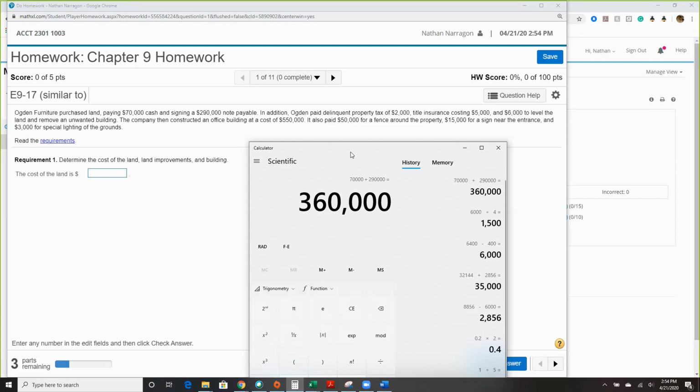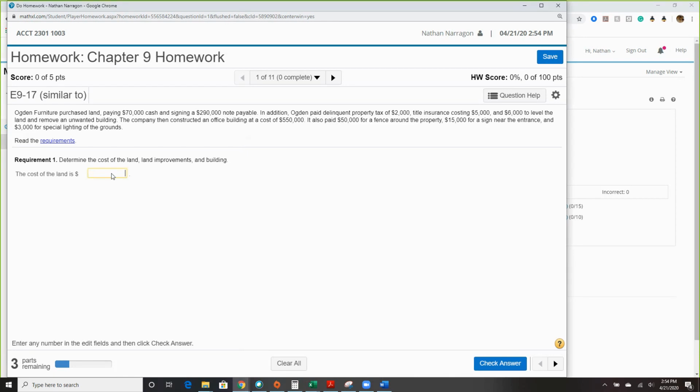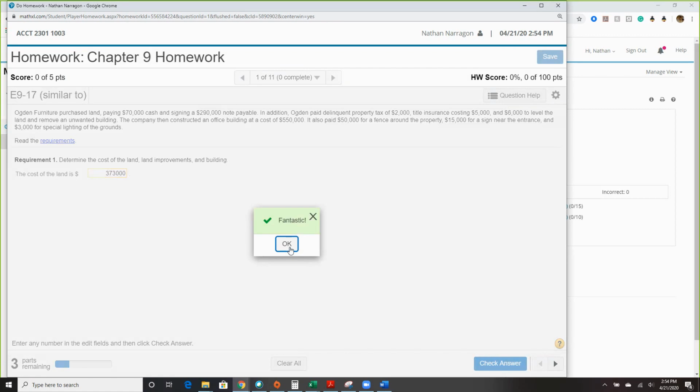Plus, if you look at the list, you have to include the $2,000 delinquent property taxes to help get it ready, the title insurance, and the $6,000 to basically remove that building. So for me, it should be about $373,000 for just the land. Okay.